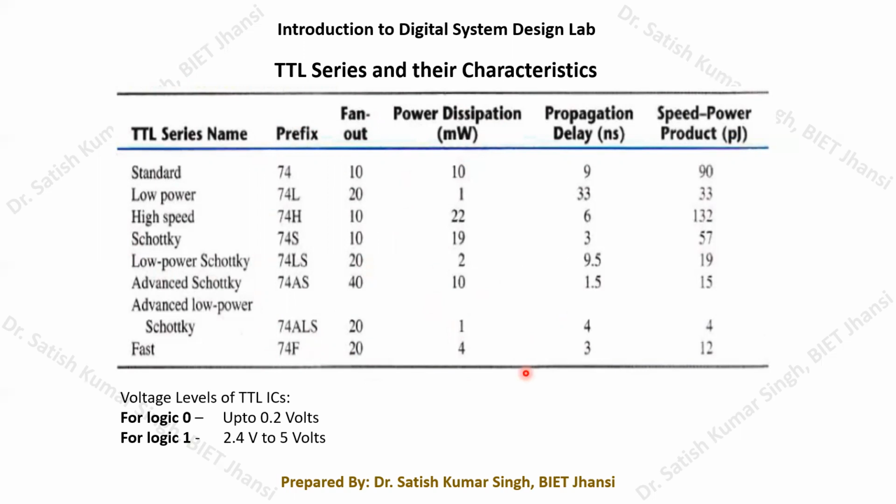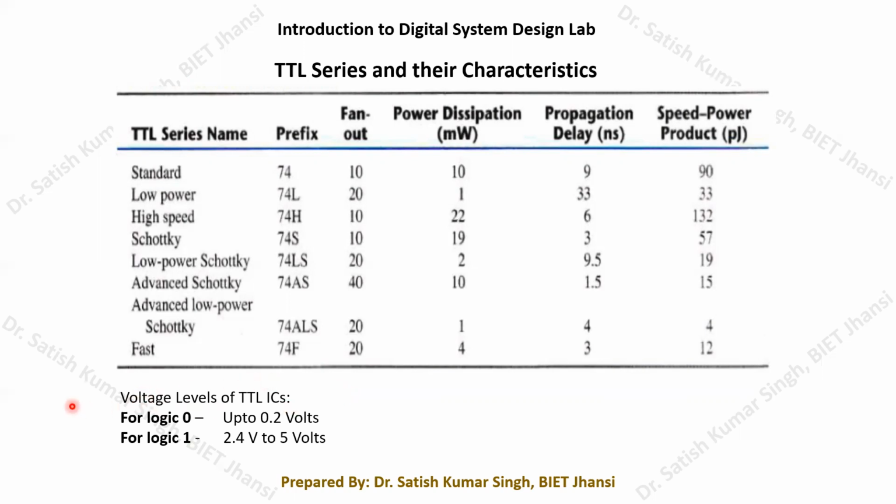Here you have to remember one very important fact about the voltage levels that we use in TTL ICs, because we will use TTL ICs for doing our experiments. That's why this voltage level is very important.